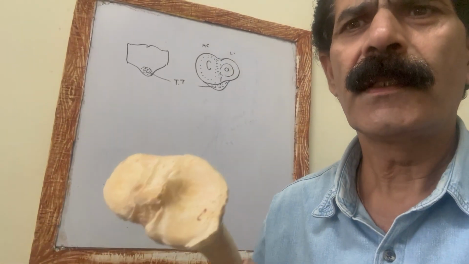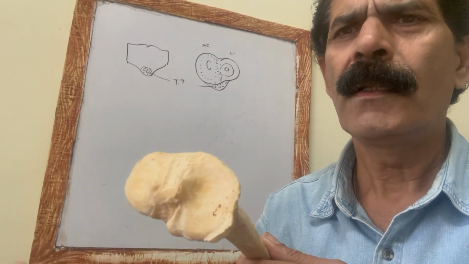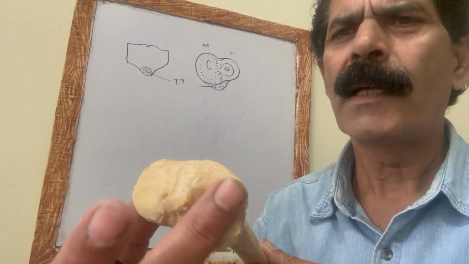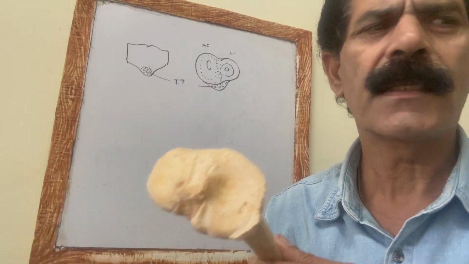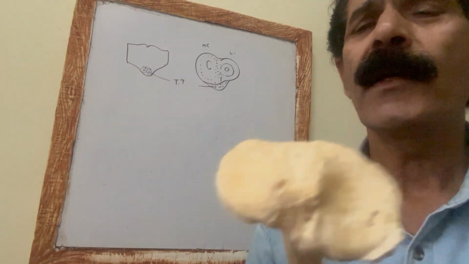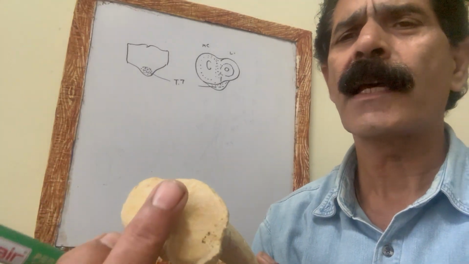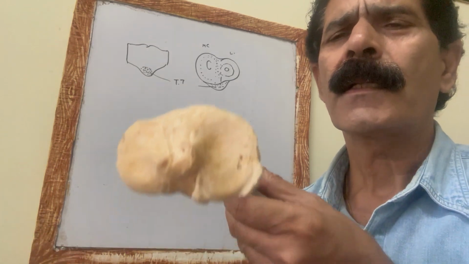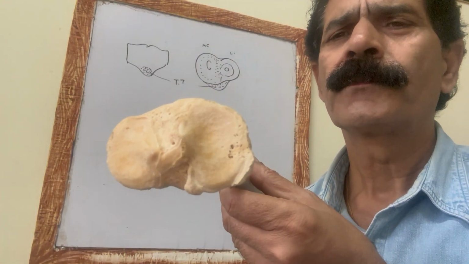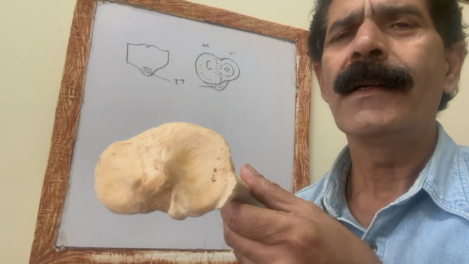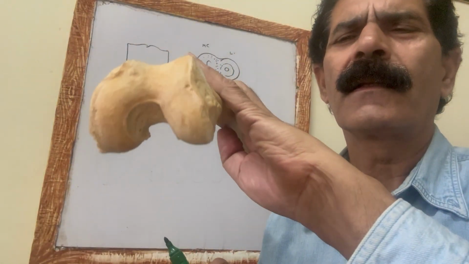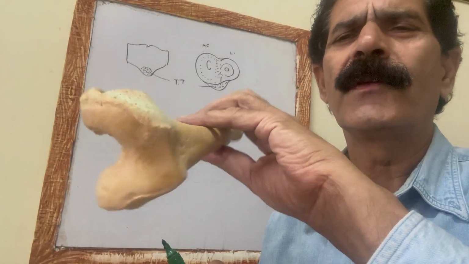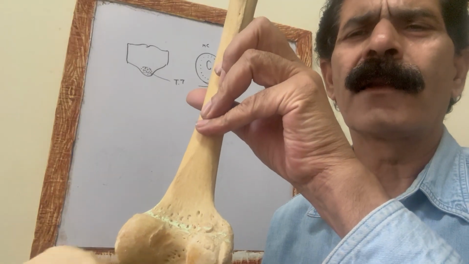So the rough area of the tibia is in the midline, and on either side it is smooth because of the attachment of the meniscus. And this rough area has got 6 structures attached to the intercondylar rough area of the tibia, same as we have seen that the condyles of the femur also have an intercondylar rough area.